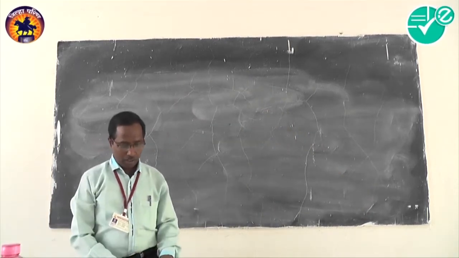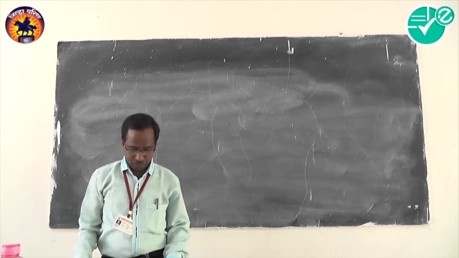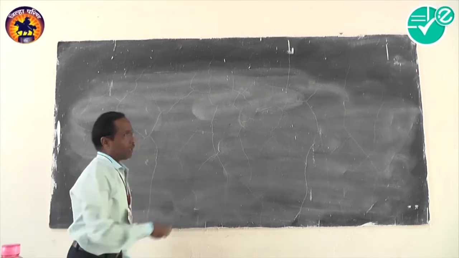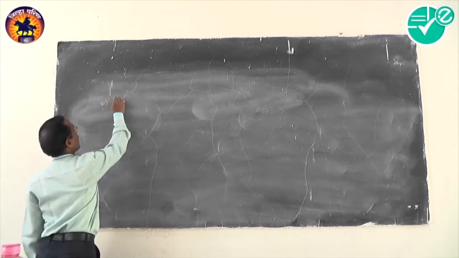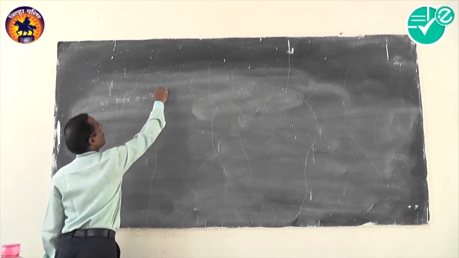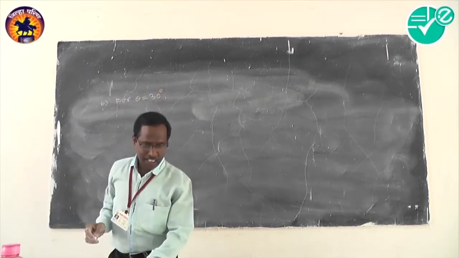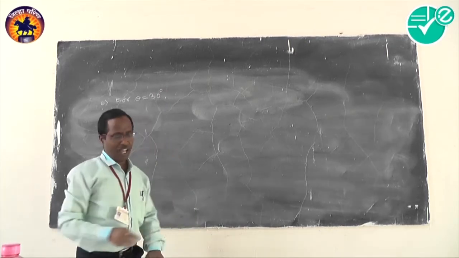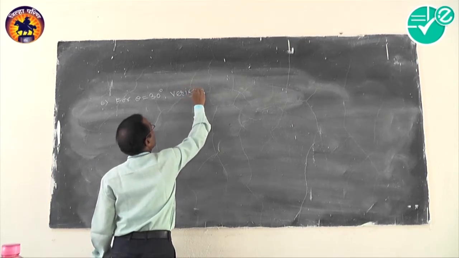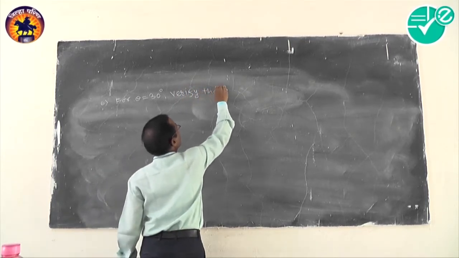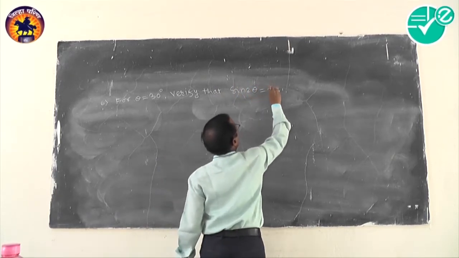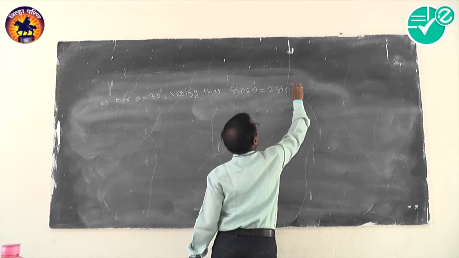Now we are going to take the next example, question number 6. For theta equal to 30 degrees, verify that sin 2 theta is equal to 2 sin theta into cos theta.